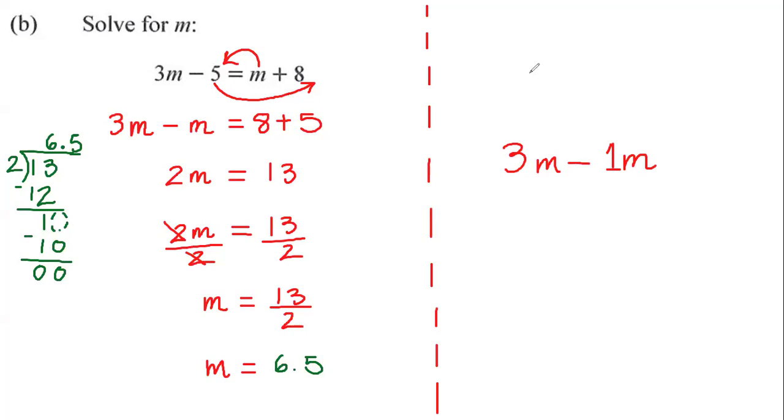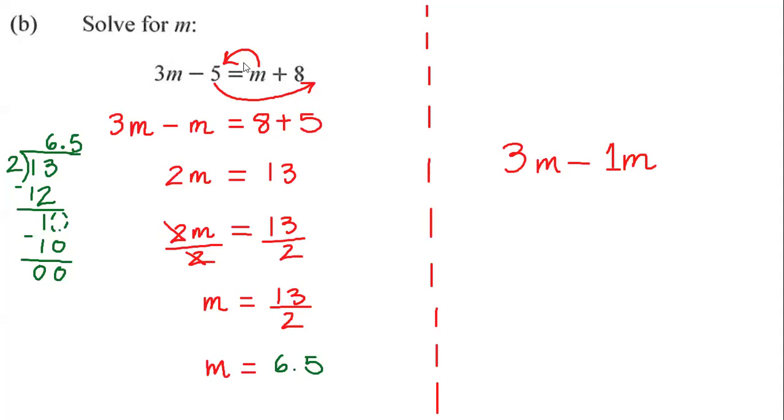Class, do we understand how I got 6.5? M is equal to 6.5. Let me know, please, if y'all understand that. Maya Leah, do you understand this?